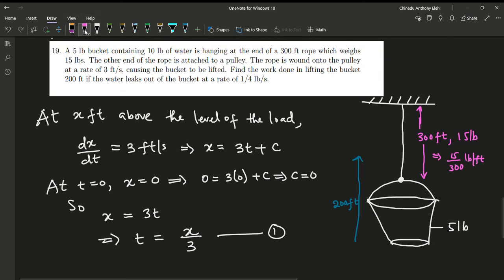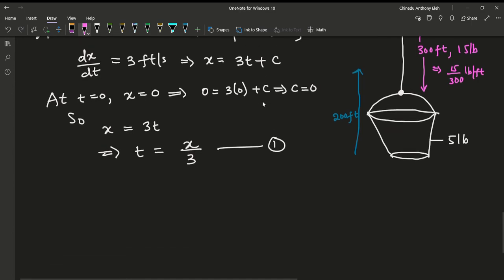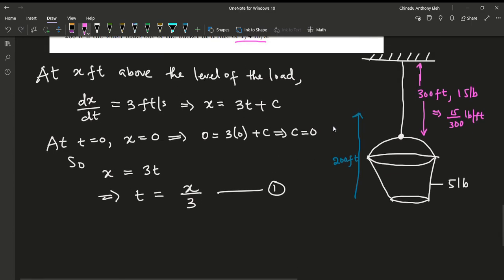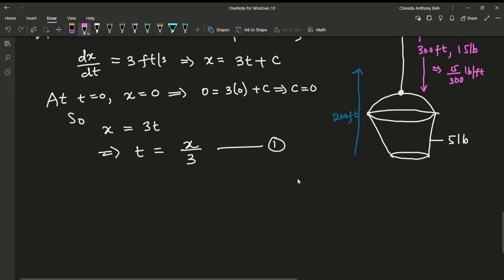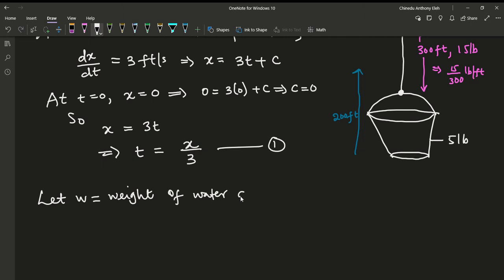Now, let's use the other information, that the water leaks out of the bucket at a rate of 1/4 pound per second. So what does that mean? Let W be the weight of water at x feet high.